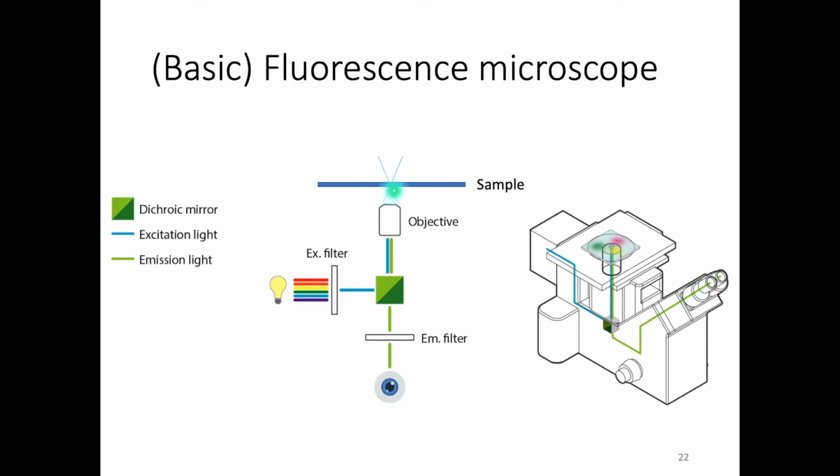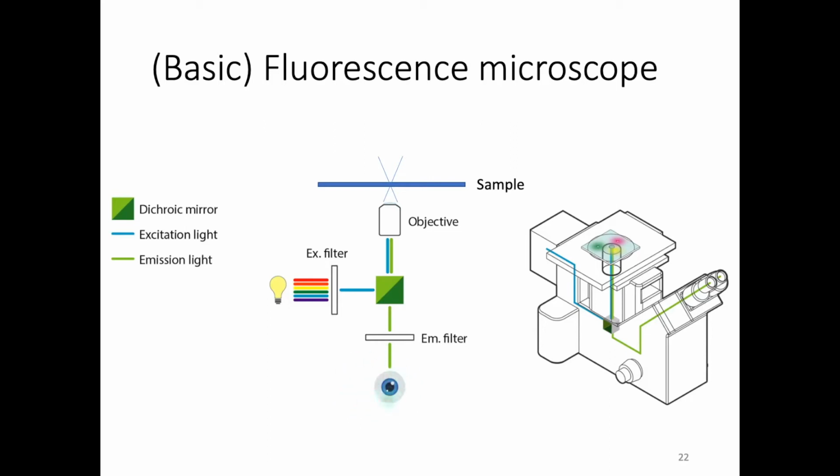The sample will then fluoresce, so it will emit light. And this emitted light is going back into the objective. It goes down, but now, this dichroic mirror reflects wavelengths below a certain wavelength, and it passes the ones above it. So the emitted light is then going through this dichroic mirror, and it goes into the detector.